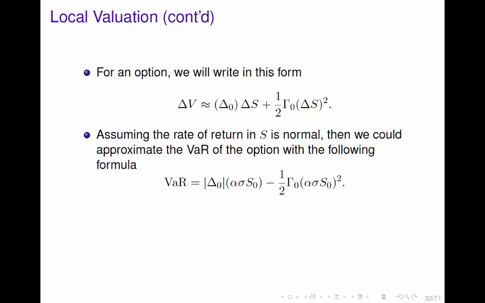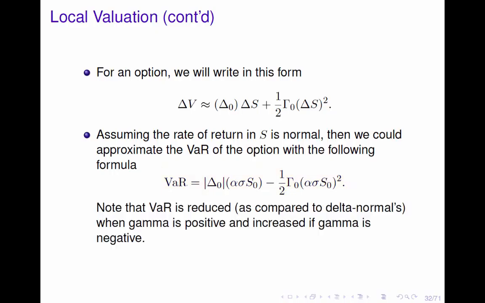Assuming the rate of return in S is normal, then we could approximate the VAR of the option with the following formula. Note that VAR is reduced as compared to that obtained by the delta normal method when gamma is positive, and increased if gamma is negative.